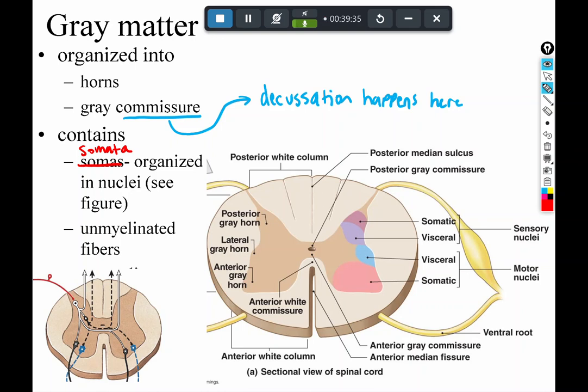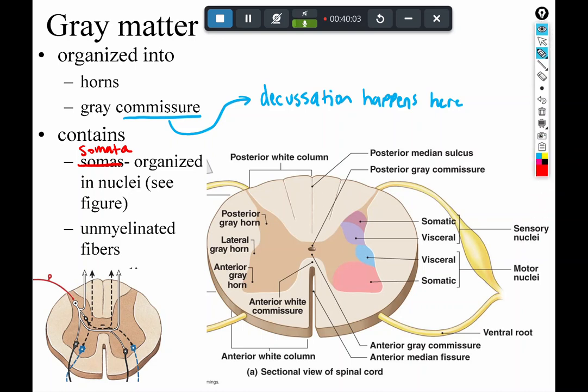So I'll explain those in a minute. And then also unmyelinated fibers. So if an interneuron, which is a neuron that connects to others, has a relatively short axon, meaning that the action potential has a short way to travel, it's not always necessary to myelinate them. So sometimes they're not.